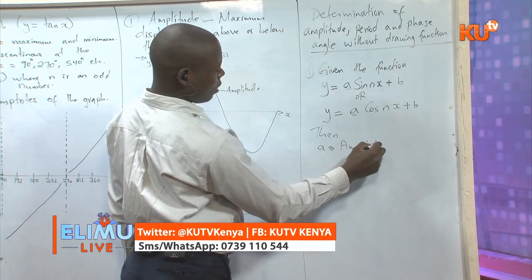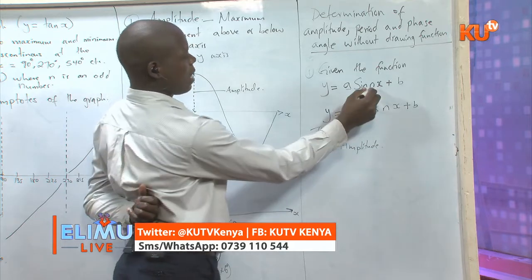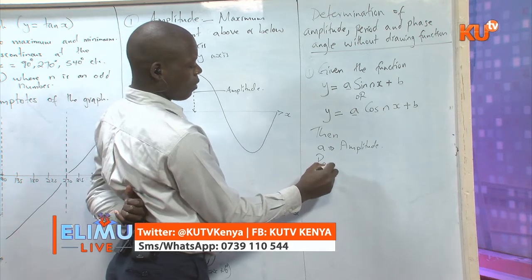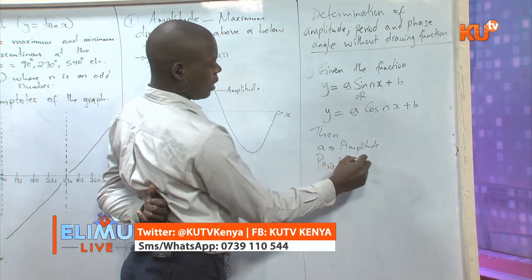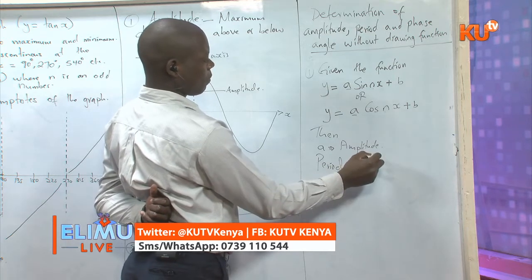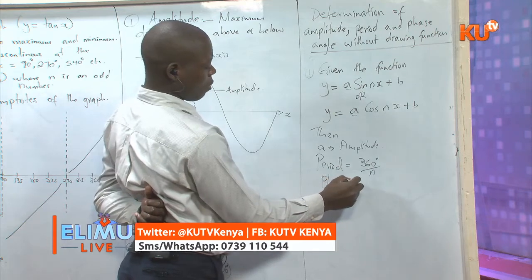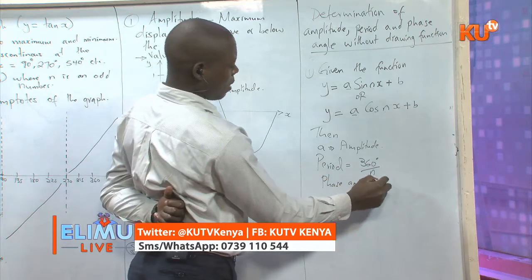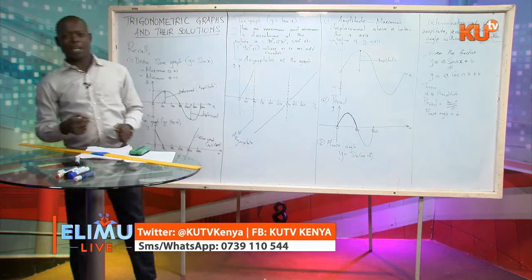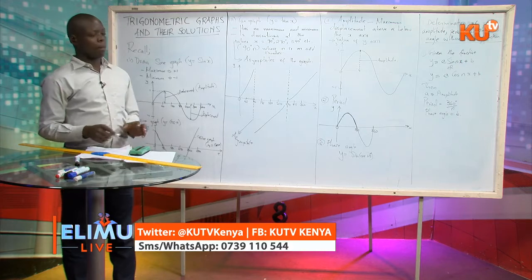Then looking at n, the coefficient of x gives us what we call the period. And so the period is 360 degrees divided by n. And then the phase angle is identified by the value b. Whether b is positive or negative, remember to take the absolute value of b, which will be a positive value.